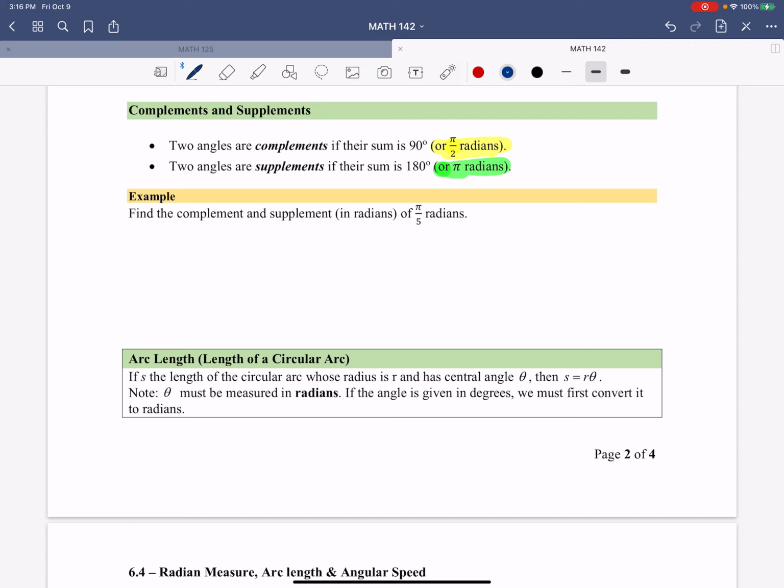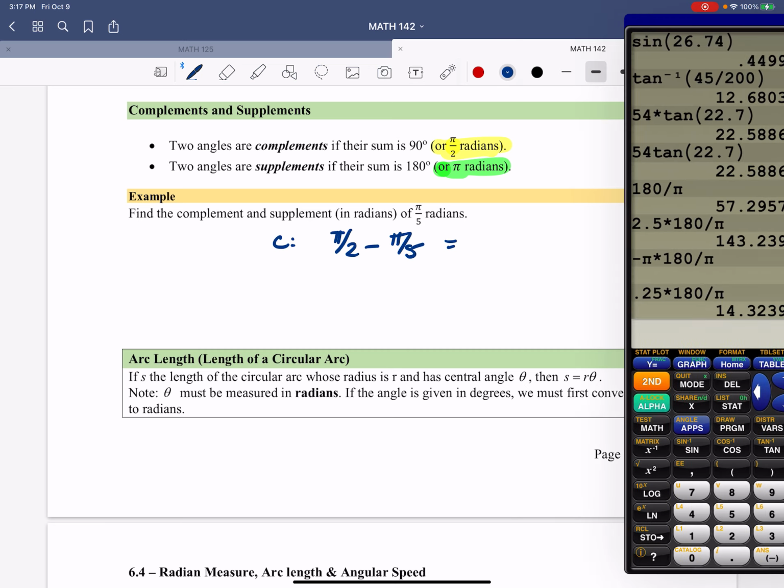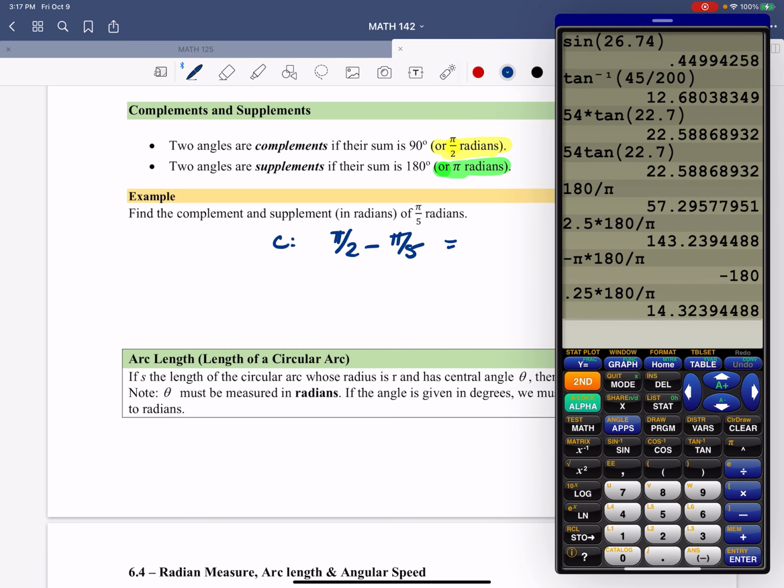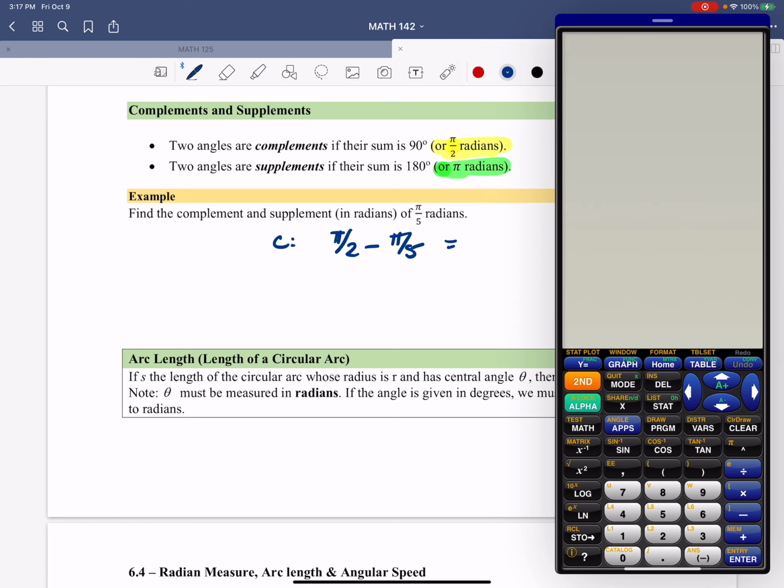So the complement of an angle that's pi over 5 radians would be, well, let's see. The complement would be pi over 2 minus pi over 5. If two things add up to pi over 2, and I know one of them, I subtract from pi over 2 to get the other. If you don't like working with fractions by hand, but remember that using pi in a calculator can be messy, I'm just going to take 1/2 minus 1/5.